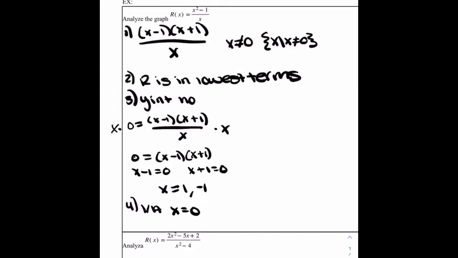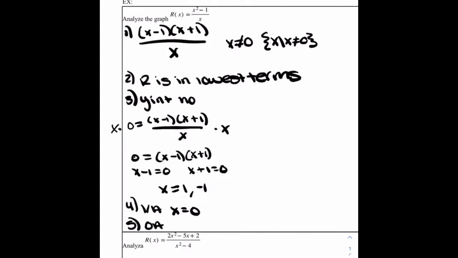Number 5, locate the oblique or the horizontal asymptote. If we look at this, our degree in the numerator is 2 and the degree in the denominator is 1. So if we look back on those asymptote rules, the numerator is exactly 1 more than the denominator.